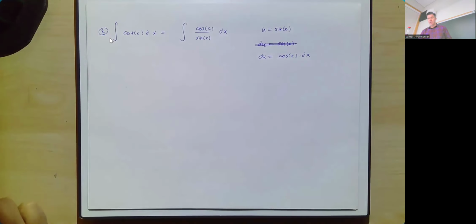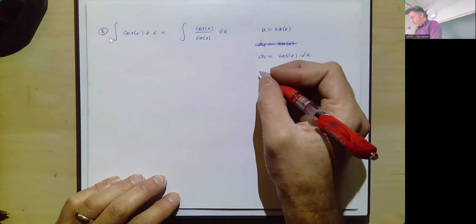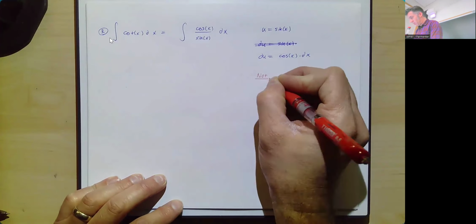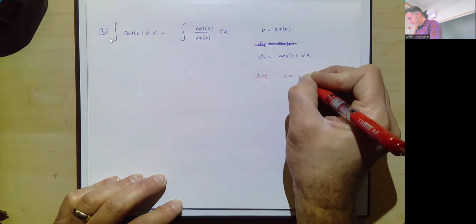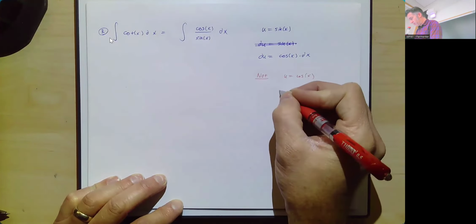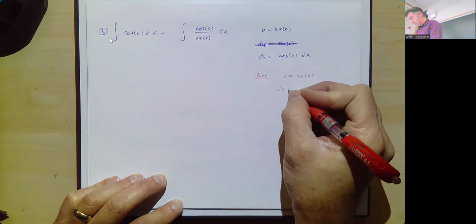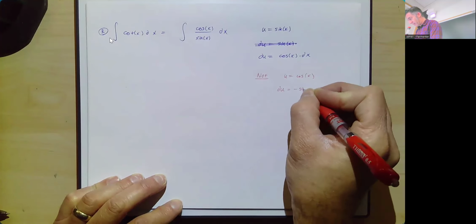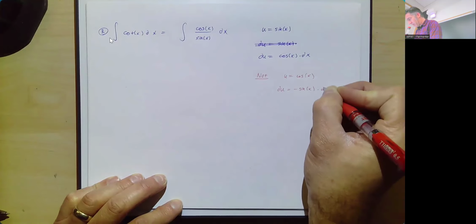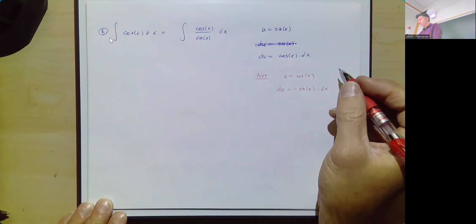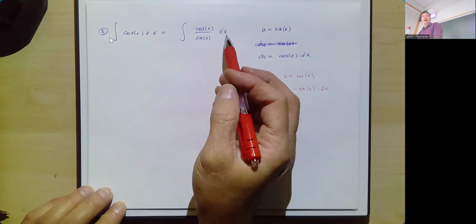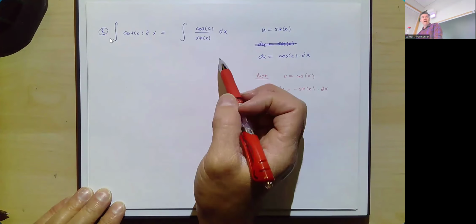And again, I can't emphasize enough, I'm going to write it over here. If instead we had tried picking u equal to cosine, not really caring about the minus sign, the derivative of cosine of x is negative sine of x times dx. And I can't stress enough, this integral does not have a sine of x times dx.